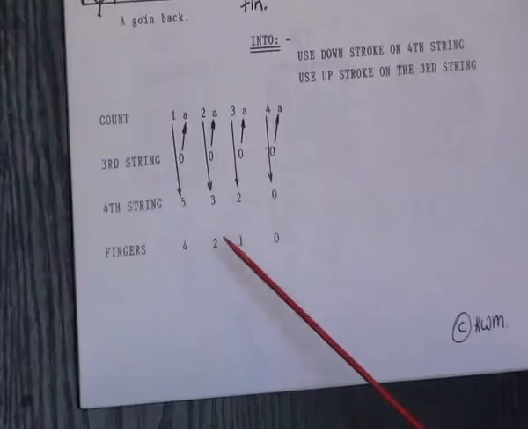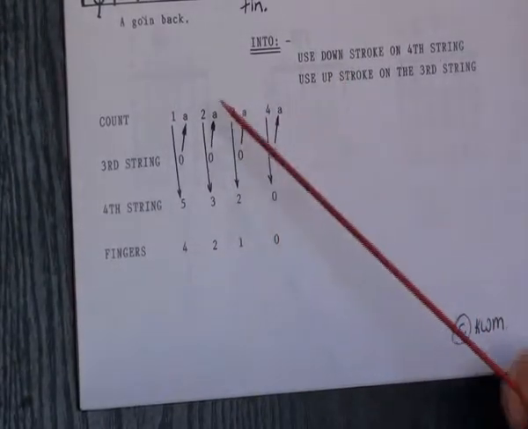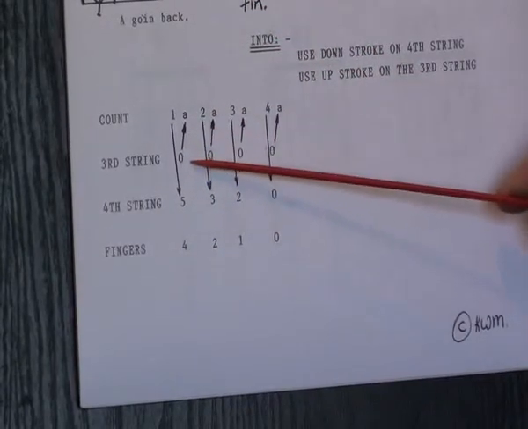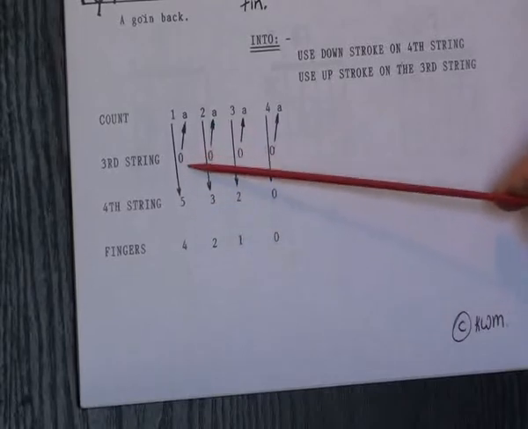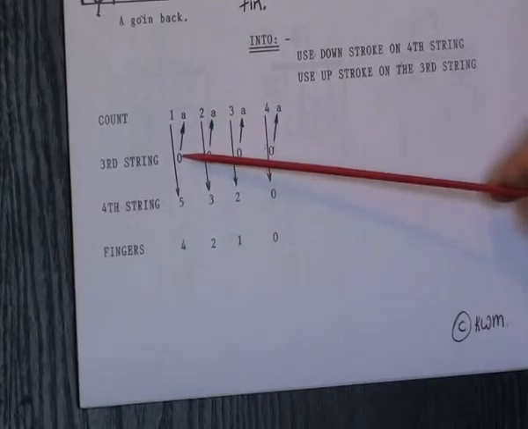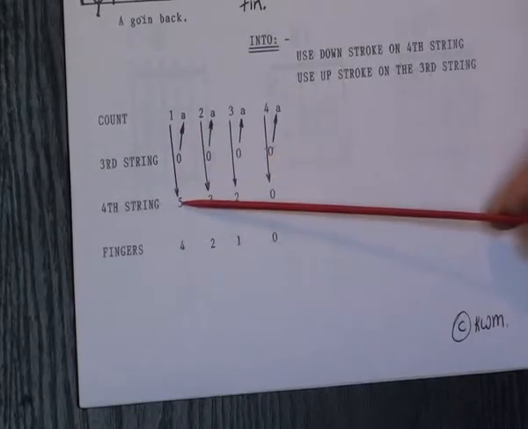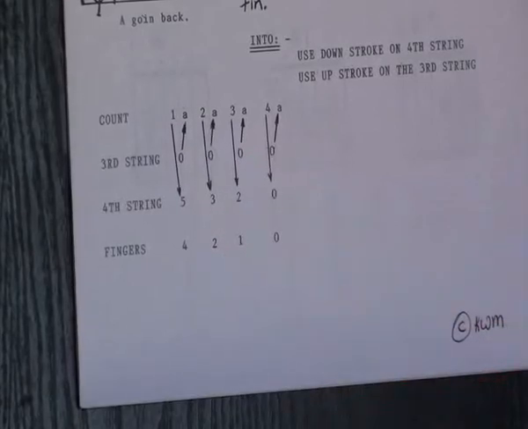We use the 4th, the 2nd and the 1st finger and open. So it's where you read it down that way. So the first beat is on the 5th fret, then open, and then there. So I'll play it rather than try and explain it to you.